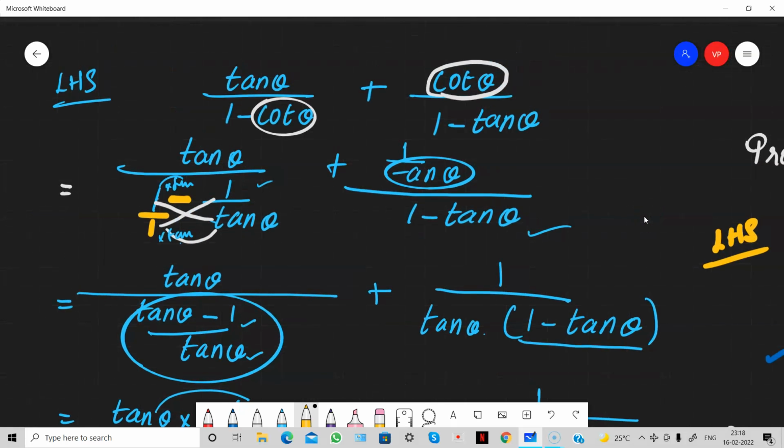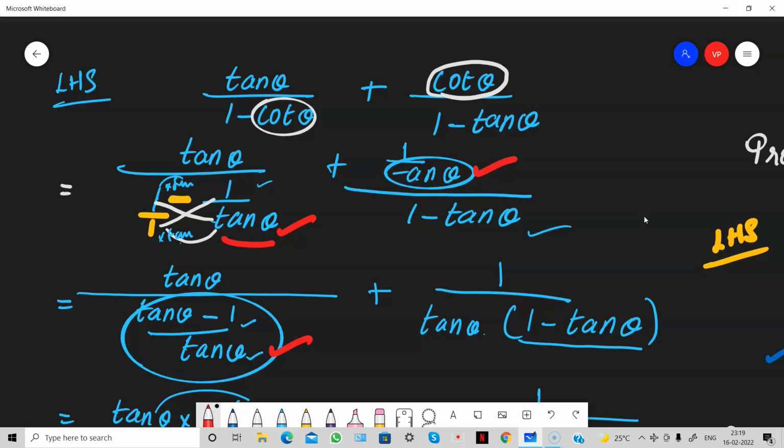So just I will give you a speed recap, right? Tan by 1 minus cot plus cot theta by 1 minus tan. So in the place of cot, you can replace 1 by tan. So that's our first step, right? See, this one and this one we have replaced here, and we took cross multiplication. So you have to know this cross multiplication now. Okay, so if not, that will be difficult for you.